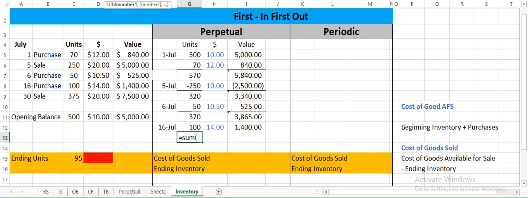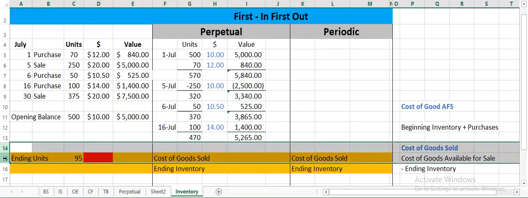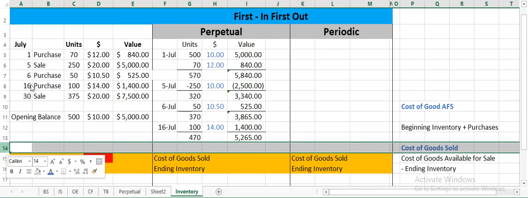We're going to calculate the sum, which is, here we go, 470. And let's copy that over there, making our balance 5,265 by the 16th.